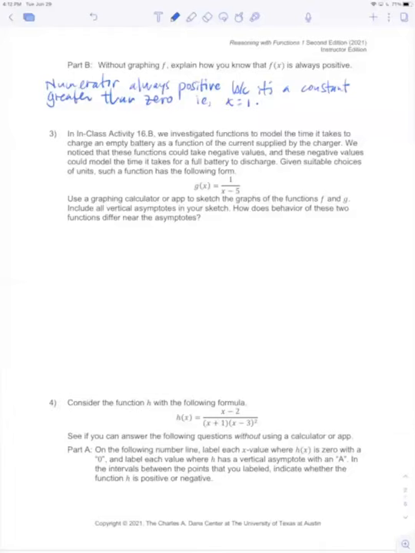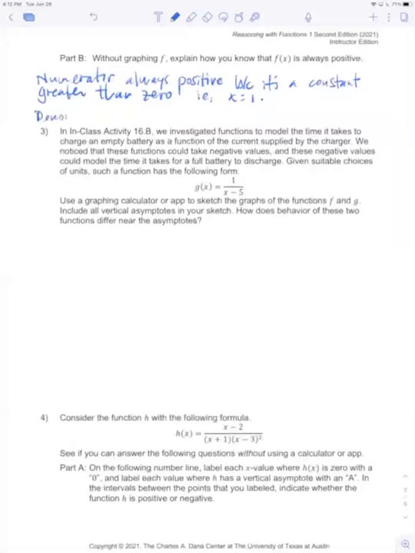And we could say the denominator is always positive because it's squared. Maybe a little bit more accurate would be the denominator is always non-negative because it's squared. But we could say that. We'll just leave it at this for now.